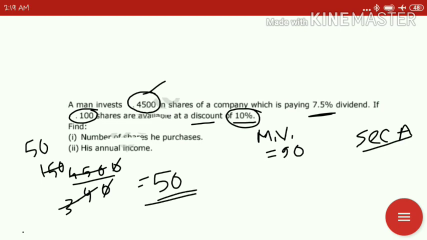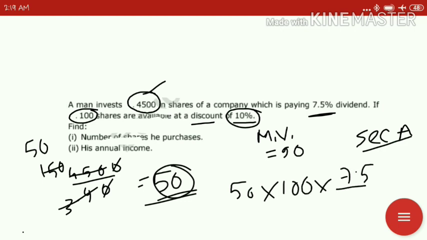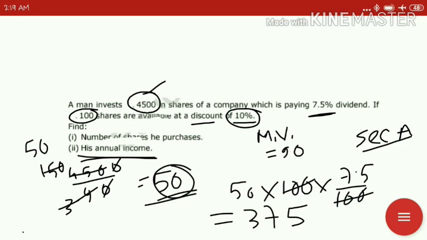Now for his annual income, you can apply the direct formula: the number of shares, which you have already found, that is 50, times the face value, that is 100, times the rate, that is 7.5 by 100. By calculating this, you can easily find that 375 is his annual income. Quite easy. So in the section A part, it's quite easy questions.